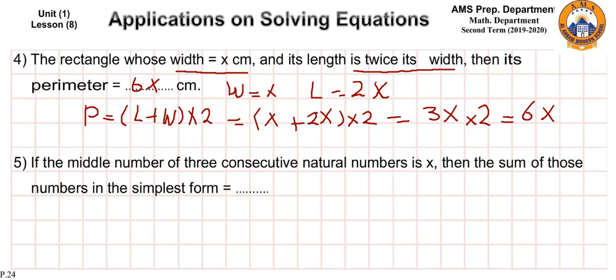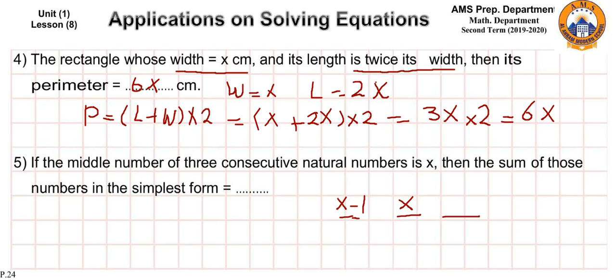Exercise number 5. If the middle number of 3 consecutive natural numbers is x, you have 3 consecutive natural numbers. The middle one will be x. Then the sum of those numbers in the simplest form equals. The number before x is x minus 1.